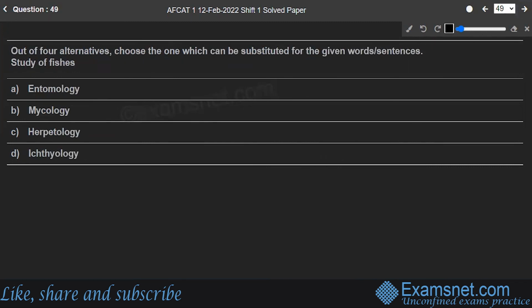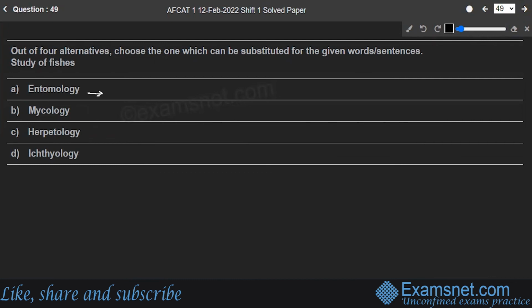Question number 49. Out of the four alternatives, which one can be best substituted for the given words? Study of fishes. Given options are entomology, mycology, herpetology, or ichthyology. And let's see the meaning of each one of them one by one.